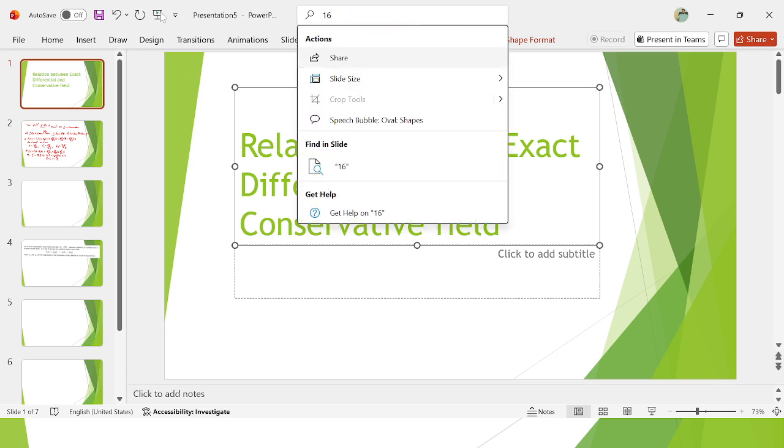If the field is conservative, then if the field F is conservative, then we have F should be equal to grad of phi.